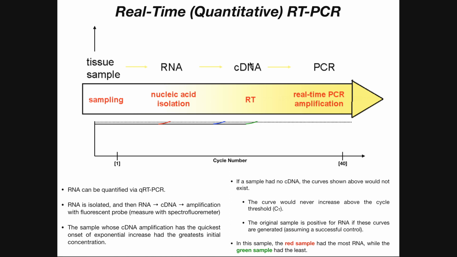If I were to amplify this viral cDNA and I get a lot of it through the amplification, that means there was a lot of this viral DNA to start with. And if there's a lot of this viral DNA to start with, that means before that there was a lot of viral RNA. And if there's a lot of that viral RNA, that probably means that this person was infected with that virus.